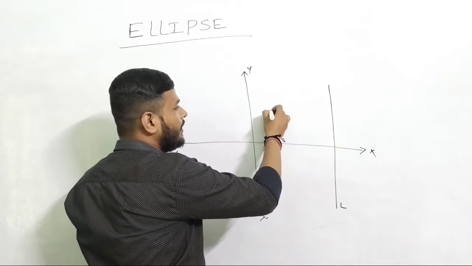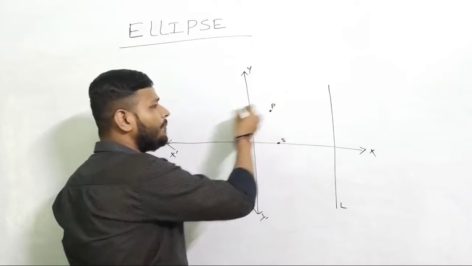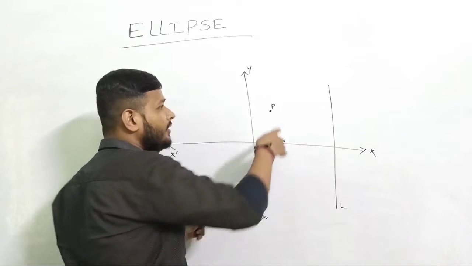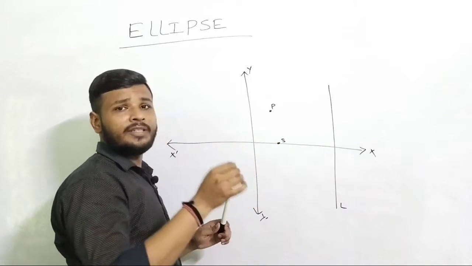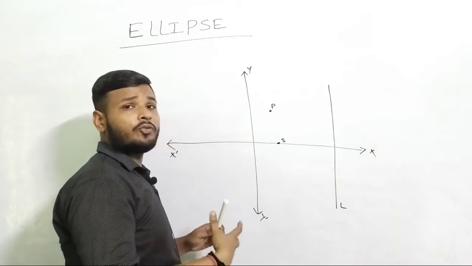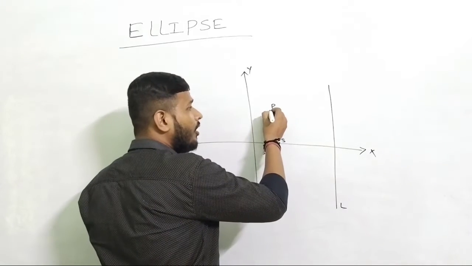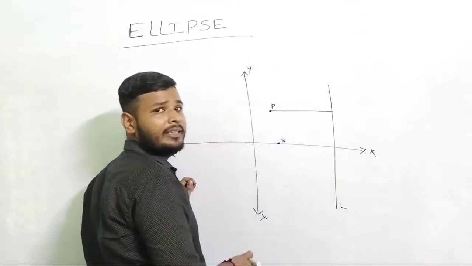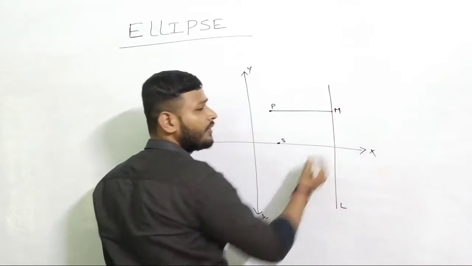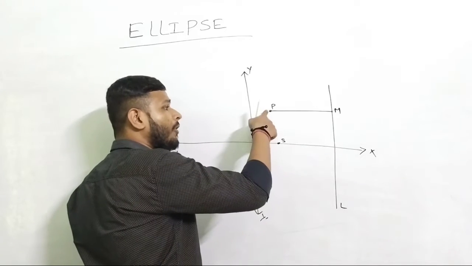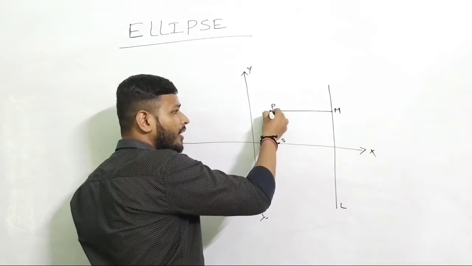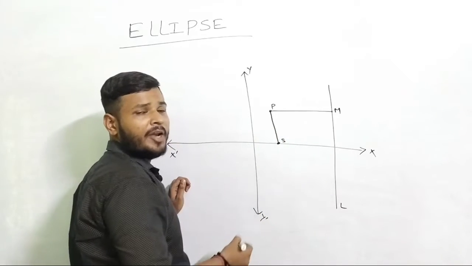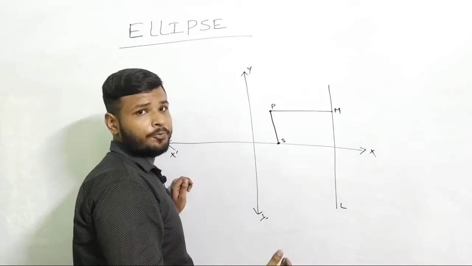This point P moves in such a manner that the distance of point P from the fixed line L, that is distance PM, and the distance of P from the fixed point S, bear a constant ratio.